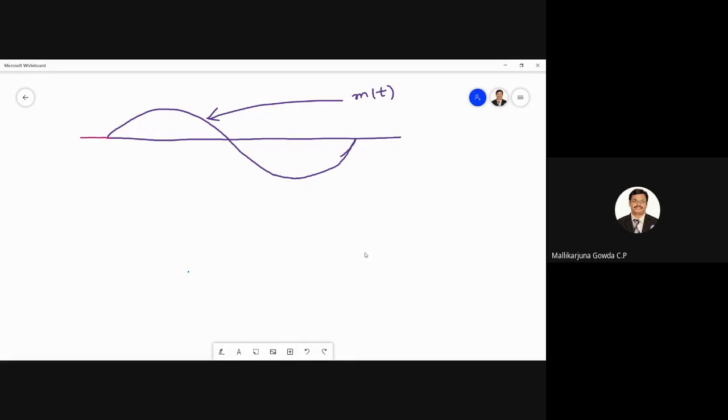So this is the m of t signal I have drawn, right? With respect to this, let me draw. You can draw the unmodulated carrier frequency also. The unmodulated carrier will have constant amplitude, frequency, and phase. You draw that by yourself. I will draw directly the frequency modulated signal.